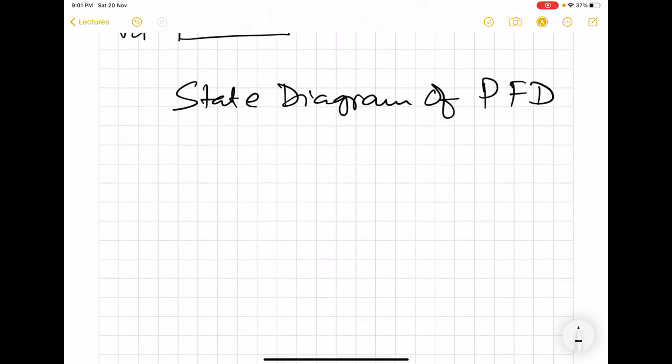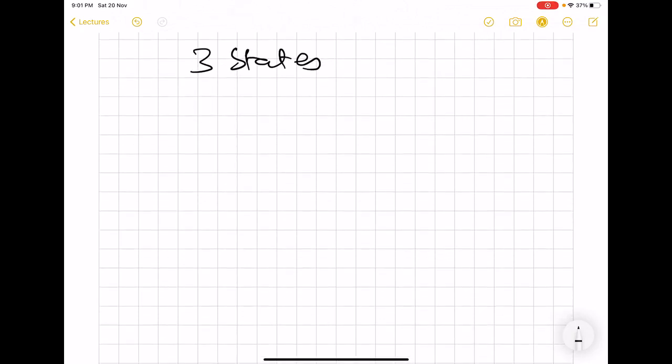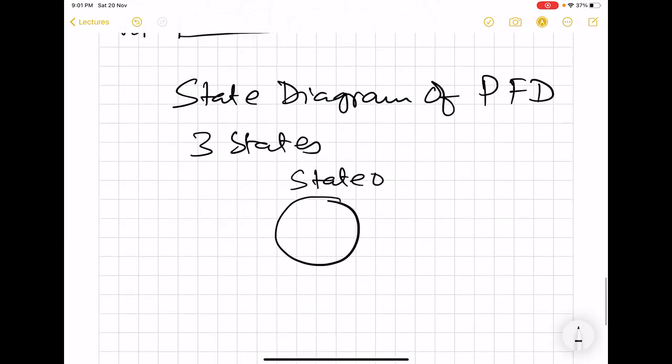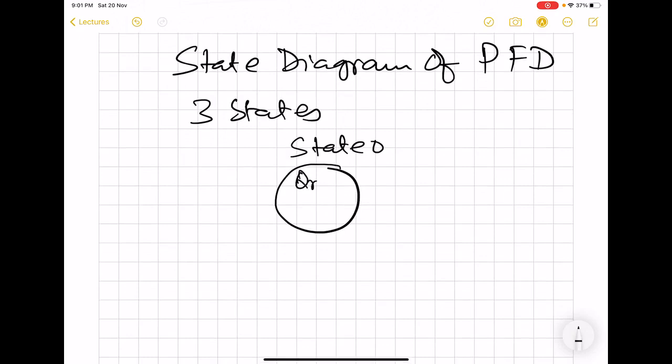This is a state machine with three states. The first state will be called state 0, and in this state QR is equal to 0 and QD is also equal to 0.